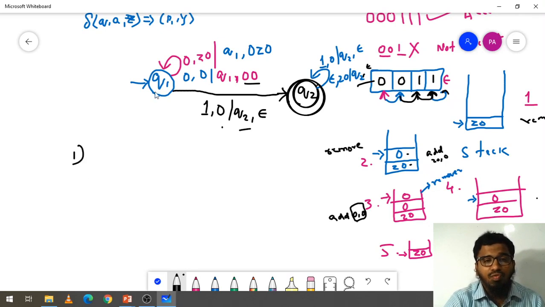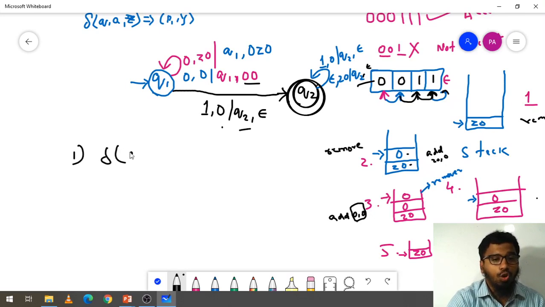First, what is the first one? When q1, here delta, q1 comma 0, and what is our stack symbol? That is Z0. Whenever we have this, what answer are we getting?